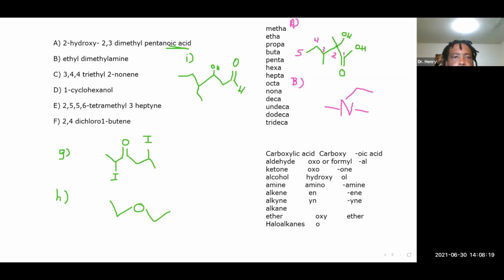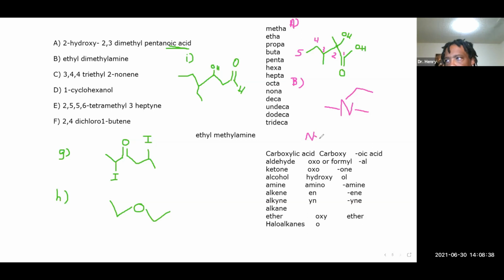So, I'll type it out so you guys will see what I'm talking about. If I had ethyl, methyl, amine, then it would just look like this.